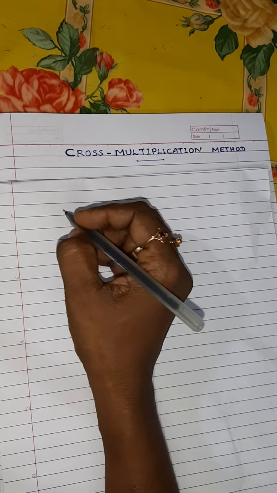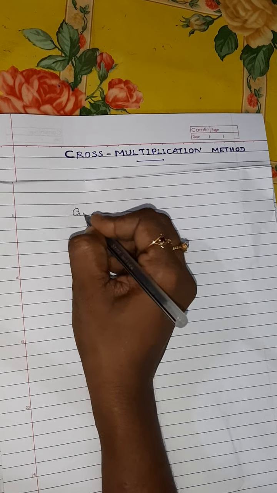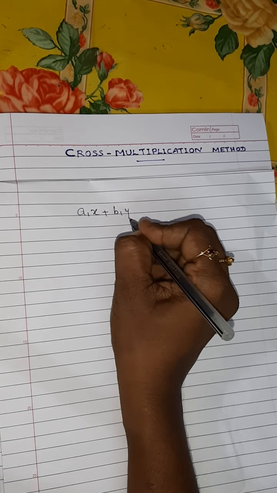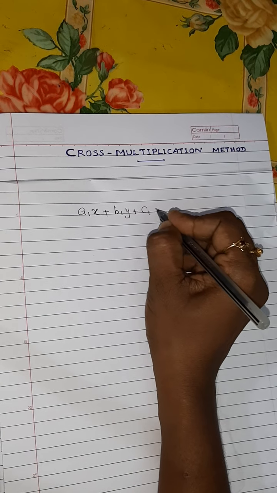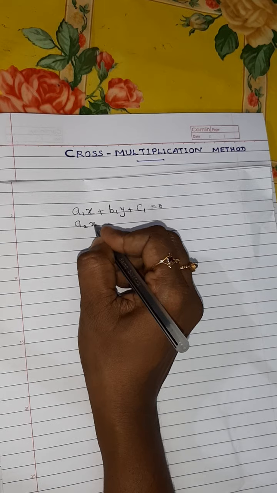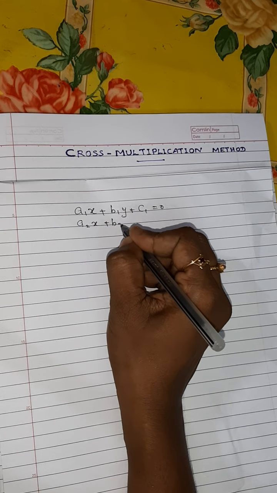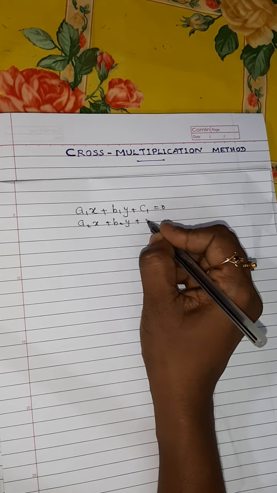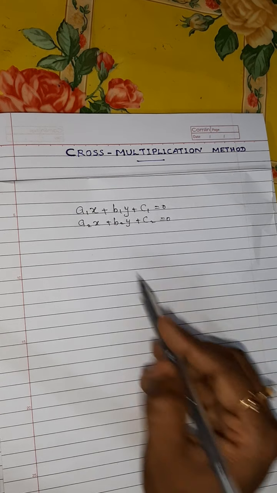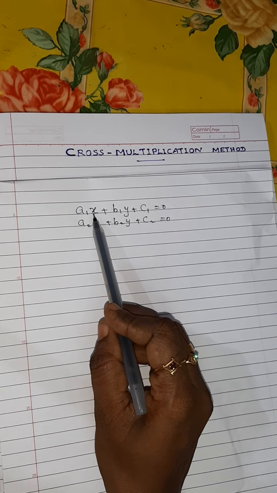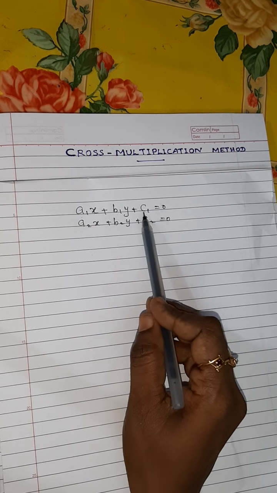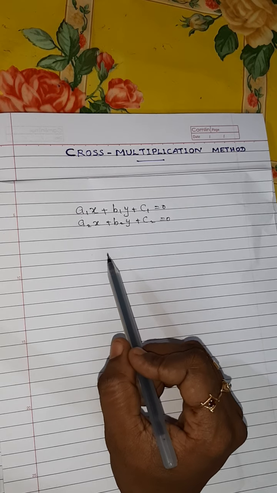The general form of the pair of linear equations is a1x plus b1y plus c1 equals 0 and a2x plus b2y plus c2 equals 0. a1 is the coefficient of x, the coefficient of y is b1, and the constant is c1 in the first equation.